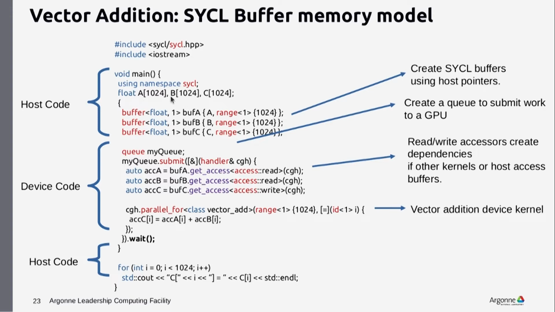So all the dependencies between the availability of data, the accurate data, are taken care of with this buffer model. So you don't need to specify, okay, is my calculation done or not? So you do synchronizations, right? You do cudaDeviceSynchronize or cudaStreamSynchronize. You don't need all that in SYCL if you use the buffer model, because the dependencies are taken care of.